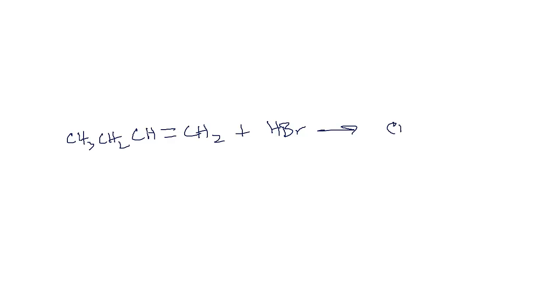Well, we get CH3, CH2, C, and then on this carbon, you're going to have the hydrogen, and you're going to have the bromine. And remember, this hydrogen is this hydrogen. Then on the final carbon, you're going to have the hydrogen from the hydrobromic acid. And there it is.